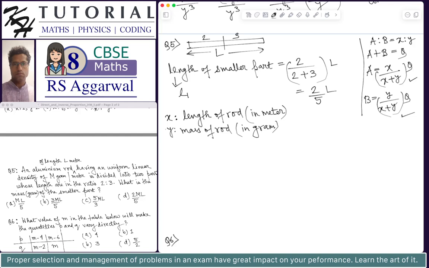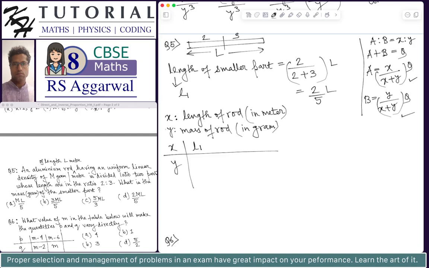Now let's try to create a table. So x and y are the two quantities. Now as data, we have L1, and let's say the mass also. I'm not writing in words, but I hope you will understand if I discuss.